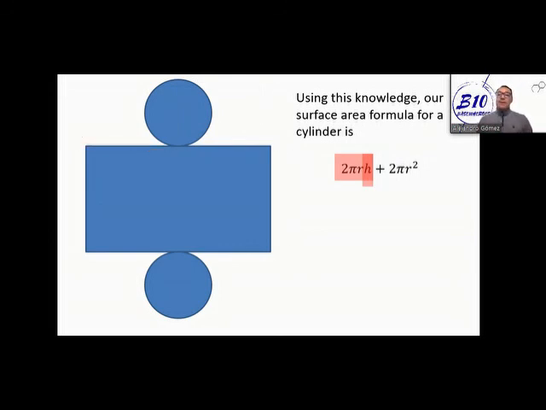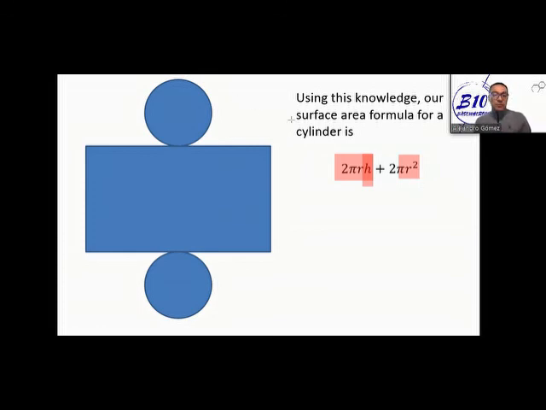Beautiful, huh? For us to know the width of it, we need to know the diameter or the radius of our circle. Then the other part of the formula is the area of a circle, pi times radius to the power of 2.